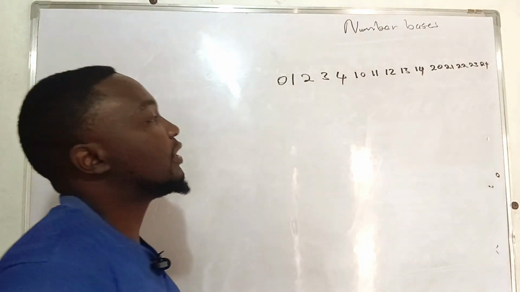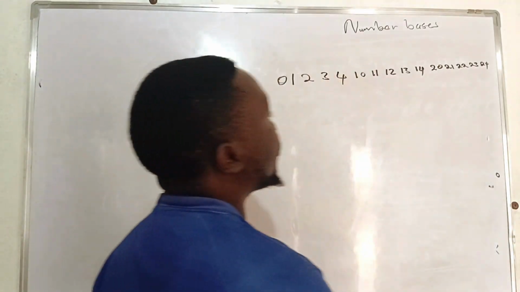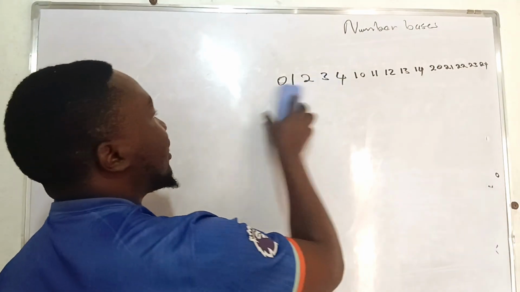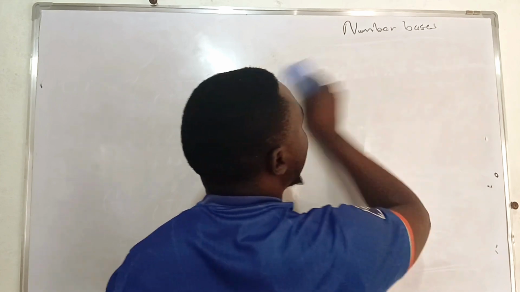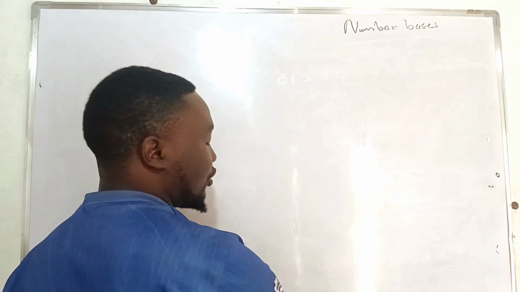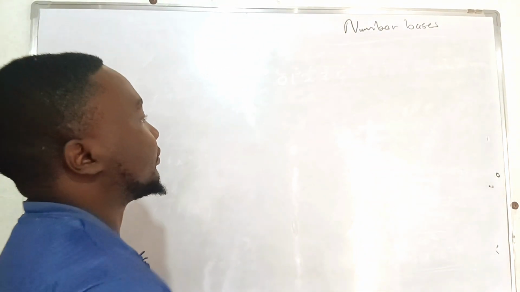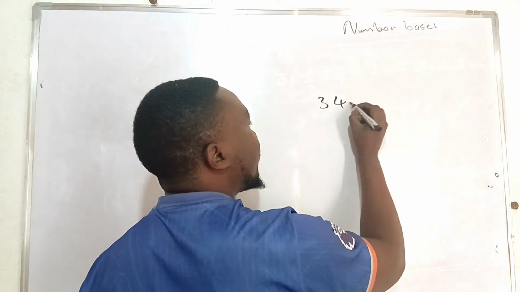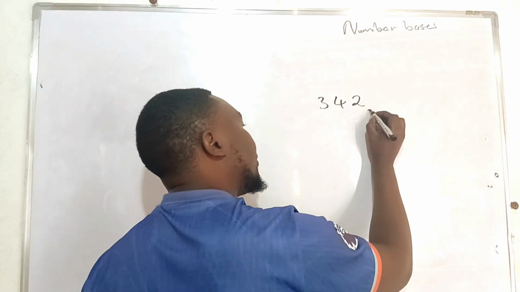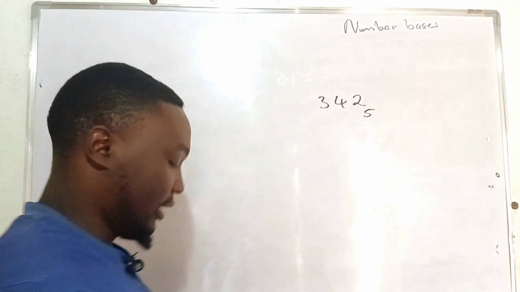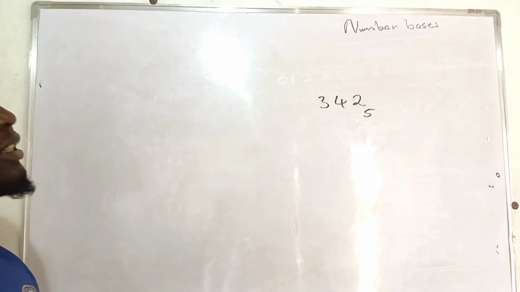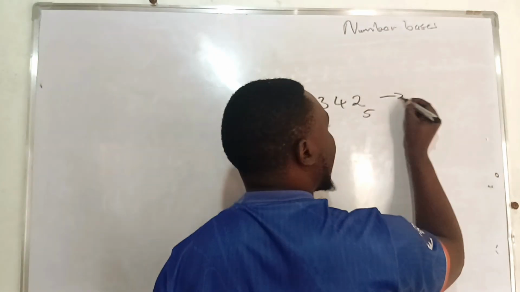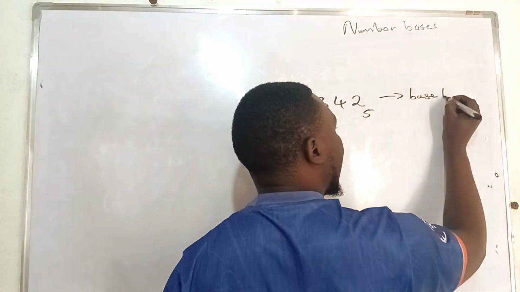So if you are given a number in base 5 and you want to convert it back to base 10, that is what we are going to learn today. So first of all, we have a number 3, 4, 2, which is in base 5, and you need to convert it to base 10.